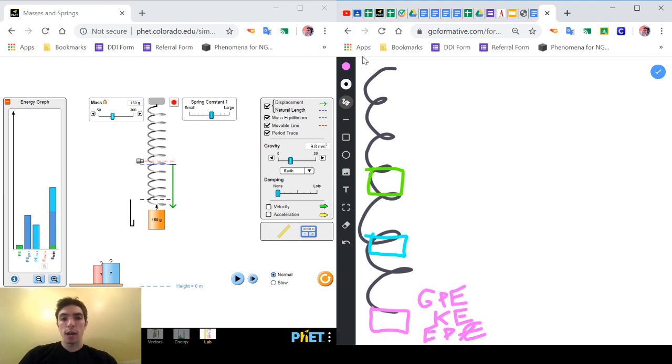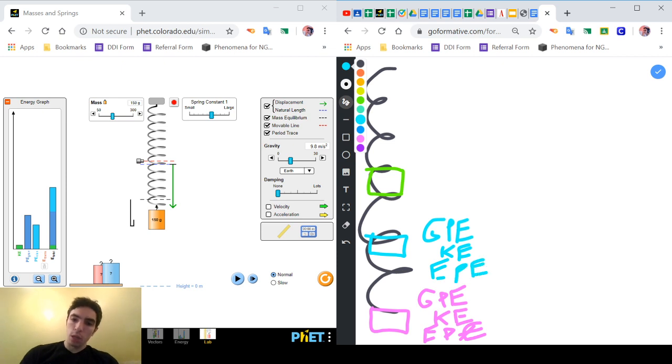And we could do that at all 3 of those points. I could write that again, but I'm not going to do this for all 3 because I think you get the point. We could calculate a gravitational potential, kinetic, and elastic potential energy. But I'm going to erase that blue stuff because we are only focusing on that bottom point within the system that I drew in pink for now.